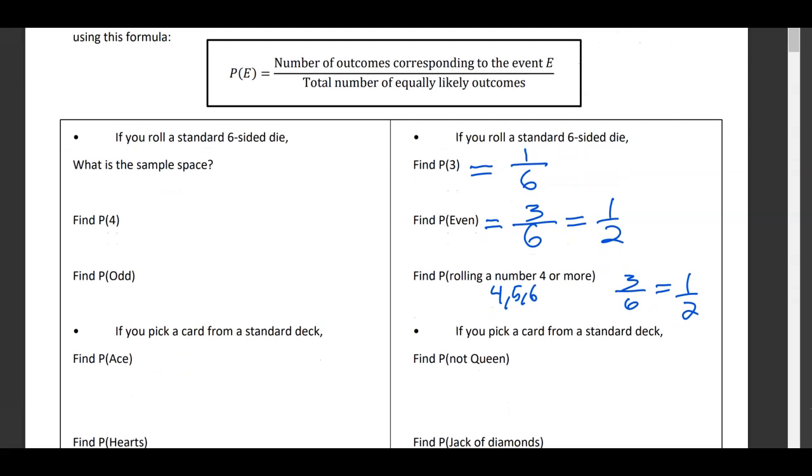From a standard deck, how many are not queens? Well, there's 13 total in a suit, 1 queen. So there's 12 of each type. There's 12 hearts, 12 diamonds, 12 spades, 12 clubs that are not queen.